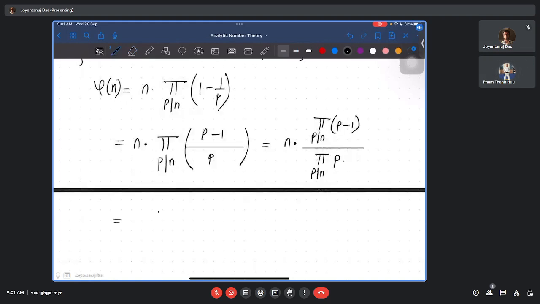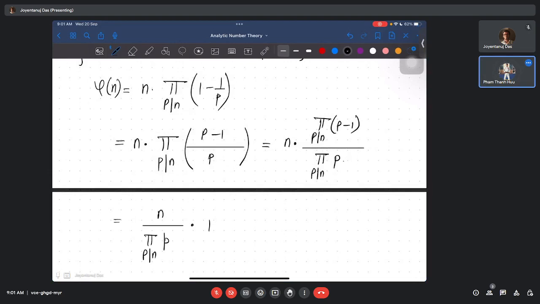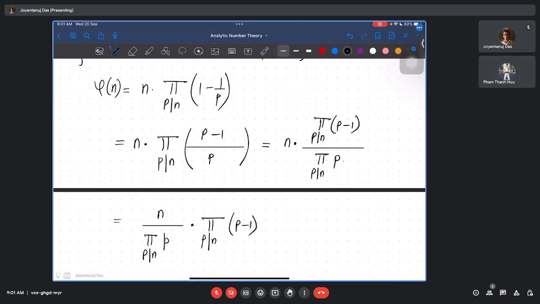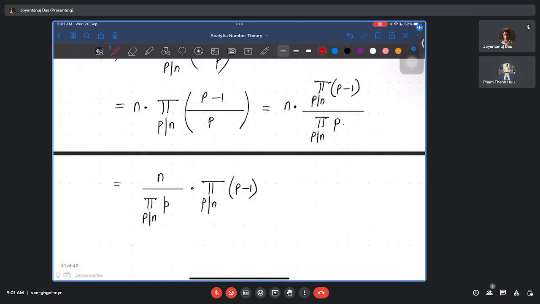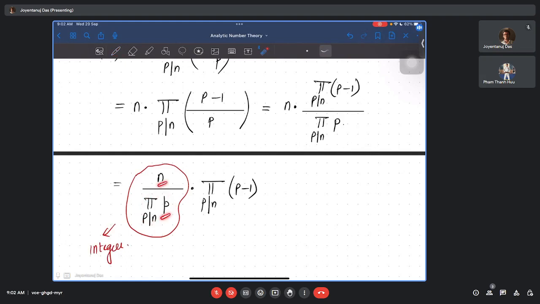If I combine these two terms, n divided by the product of p is an integer, because we are only counting the distinct primes, and n has all those primes in its factorization.